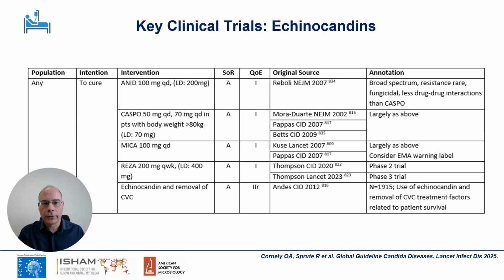They have excellent safety profiles and few significant drug-drug interactions. Available echinocandins include caspofungin, anidulafungin, and micafungin, which are formulated for once-daily infusion, and rezafungin, a next-generation echinocandin with an extended half-life allowing once-weekly administration.